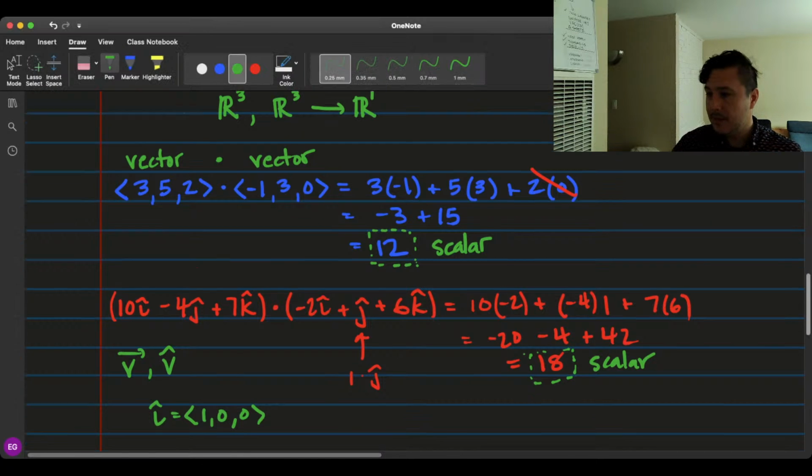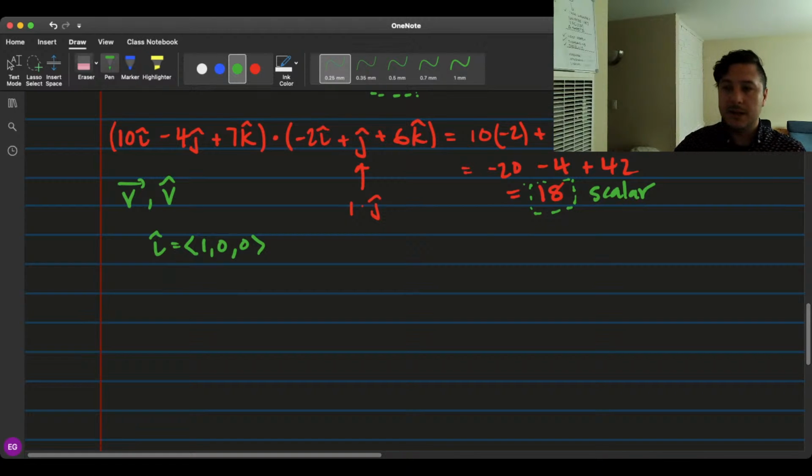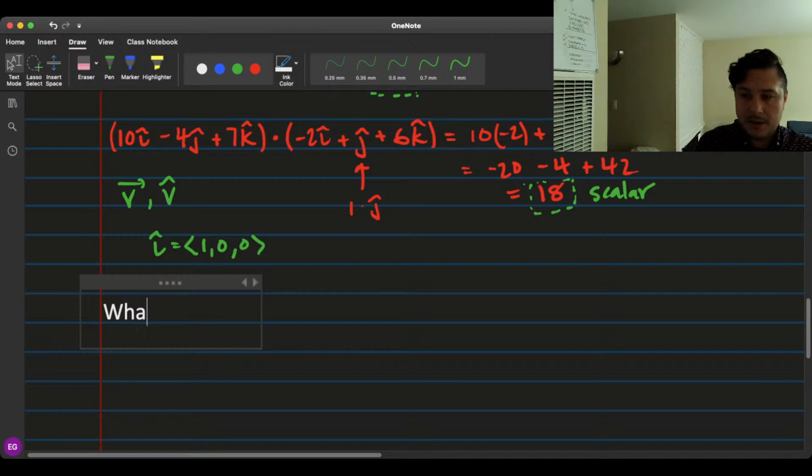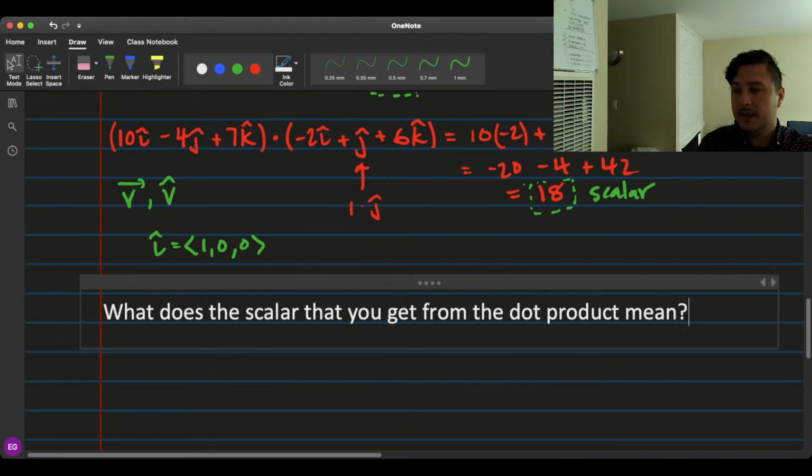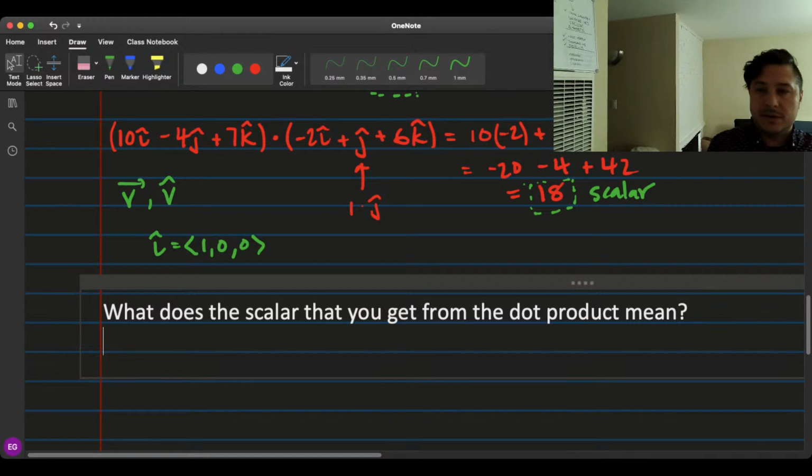Okay, so you start wondering, after computing these numbers, what does the scalar that you get from the dot product mean? So, we're going to give ourselves a graphical interpretation.